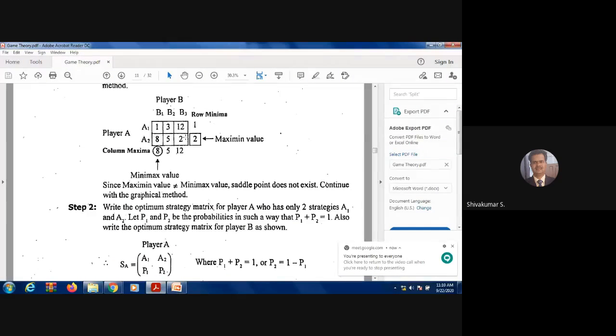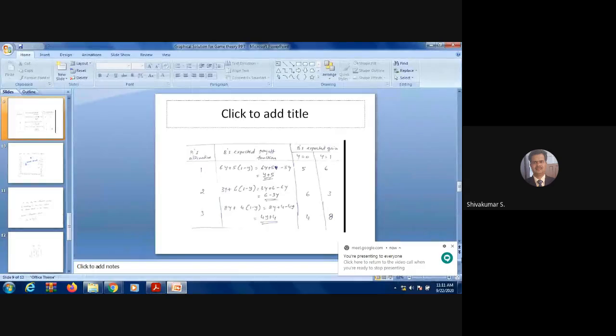So you have taken this problem right now: 1, 3, 12, 8, 5, 2. It's player A with x1, x2, and player B with y1, y2, y3. Similarly, you are doing it like this right now. You are going to write B's alternatives 1, 2, 3, A's expected payoff function, and A's expected gain, x equal to 0, x equal to 1.